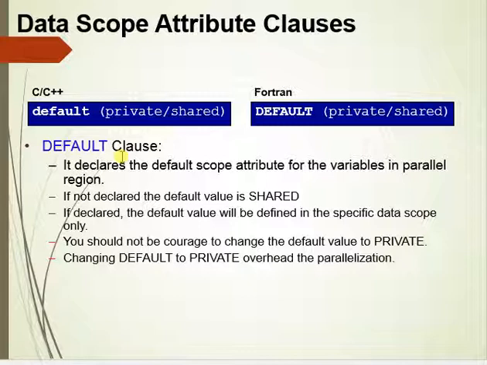If not declared, the default is taken as shared. If declared, the default value will be defined in that specific data scope only. You are discouraged from changing the default value to private, since changing default to private adds overhead to the parallelization.